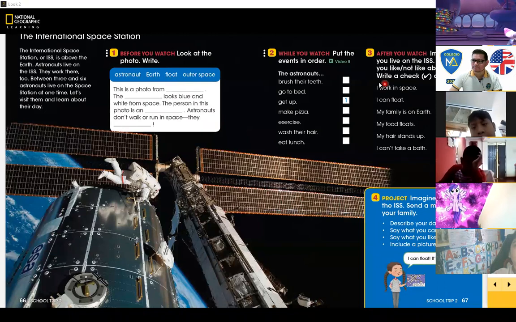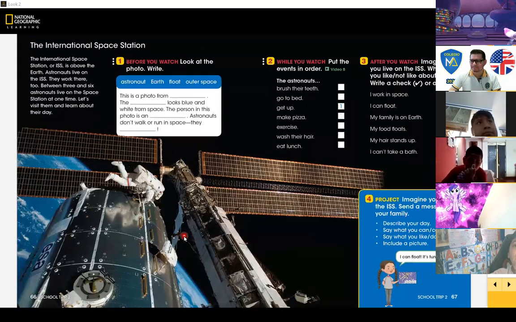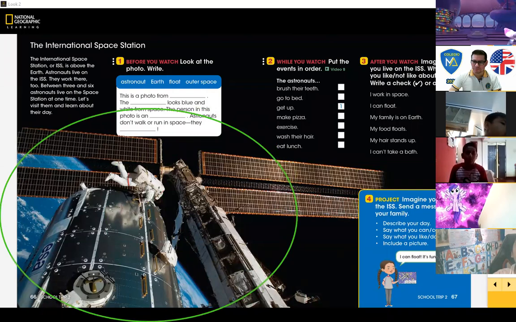This is open microphone. Where is this place, student? What's this photo about? This photo is from astronaut, Earth, float, or outer space.